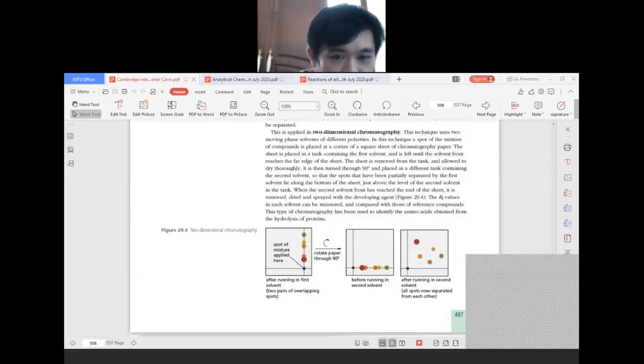But in paper chromatography, do we know how many percent of that particular component is separated in the respective substance? We are not able to tell. Paper chromatography can only tell us whether there is a difference or not.